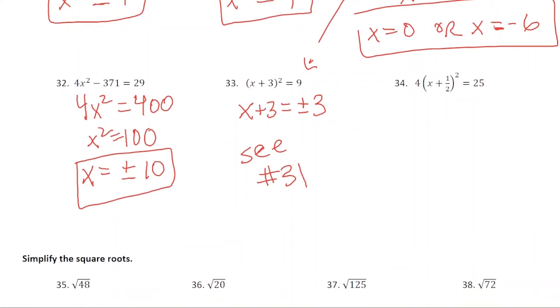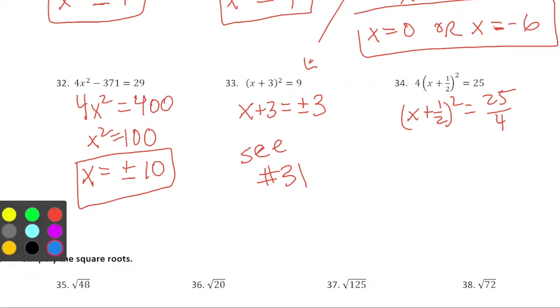Number 34. We're going to divide both sides by 4. So we'll get x plus 1/2 squared equals 25 over 4. Now don't be scared about this fraction, because when we take the square root of both sides or raise both sides to the power of 1/2, we can do that to both the numerator and the denominator individually. And if you look closely, you'll notice both of those are perfect squares.